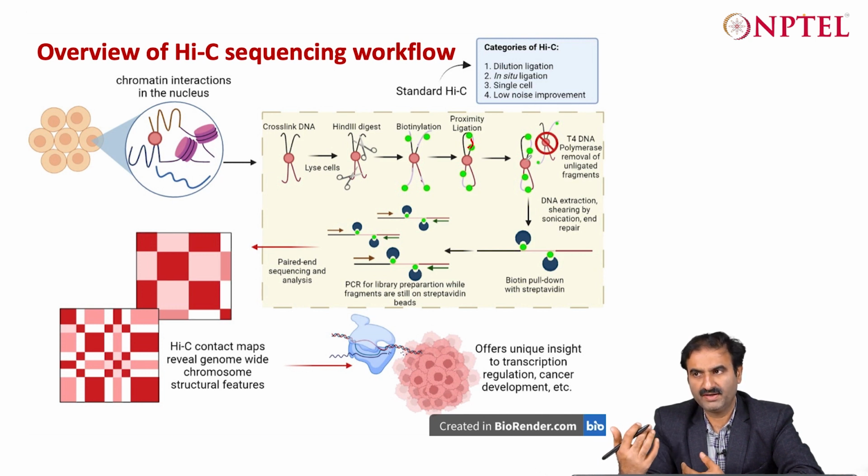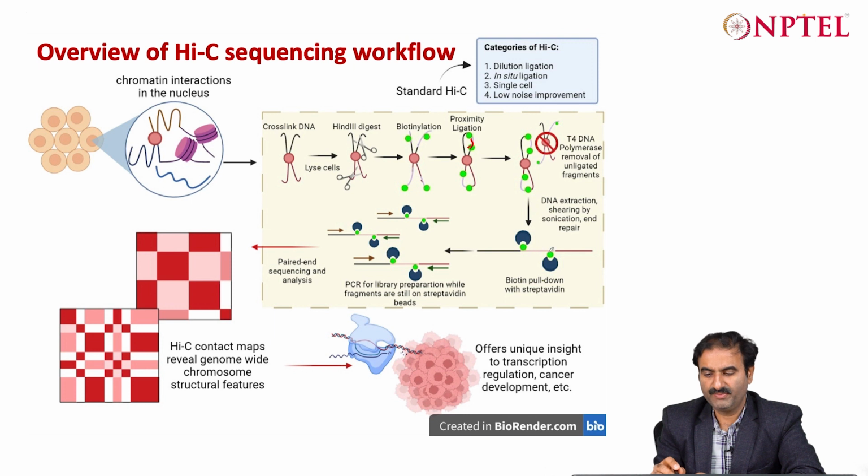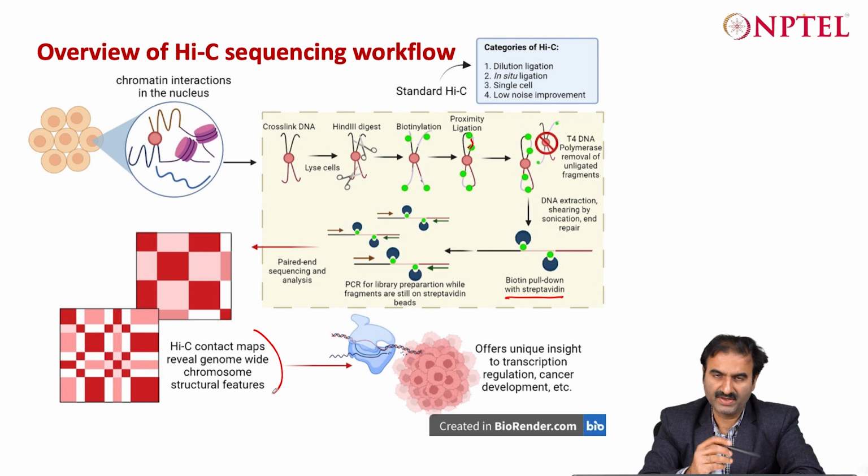But they show close proximity in the chromatin. Then they are pulled down, the biotin with streptavidin, and these regions are amplified and read by paired end sequencing to generate the Hi-C contact maps, to reveal the genome wide chromosomal assembly.